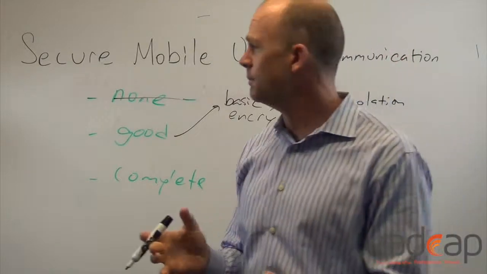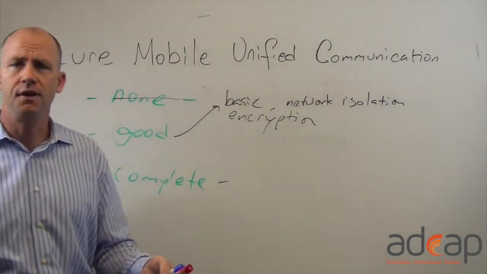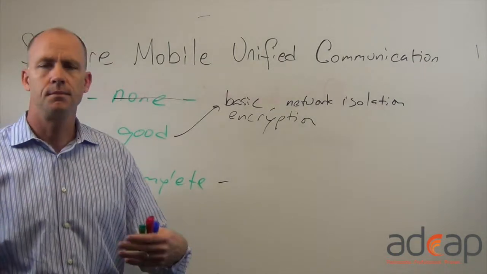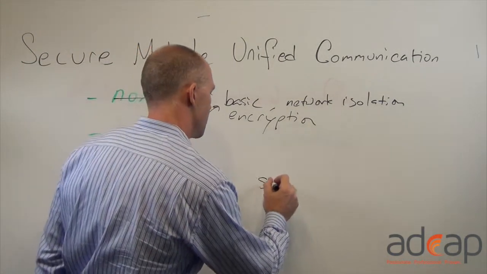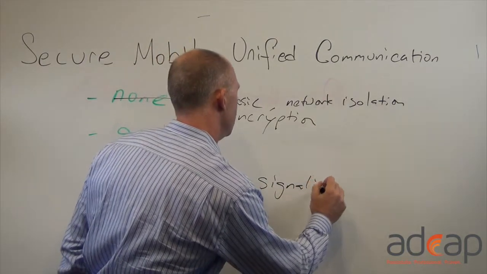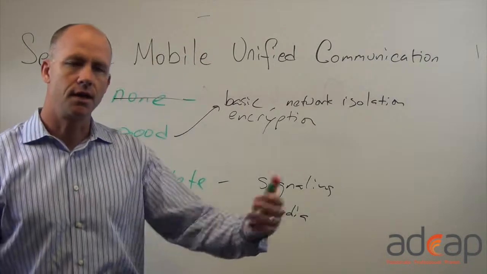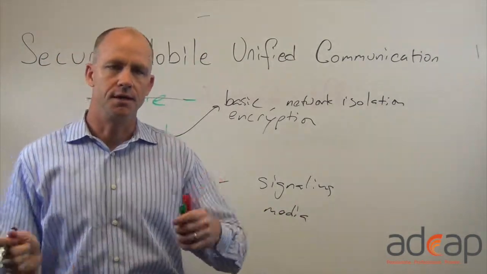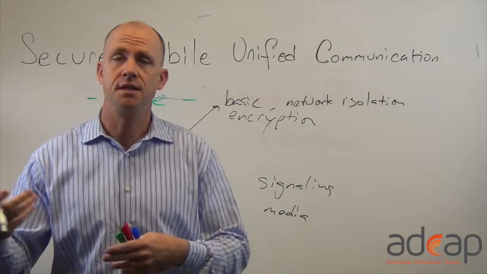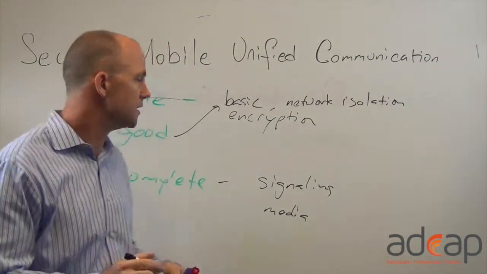We can take this completely all the way to everything being fully encrypted. When you talk about voice calls and video calls and things like that, there's two main things we're talking about: the signaling, and the media. Signaling is simple things like, hey, I'm going to call this guy, here's the number, and it sets up the call, and then media is the actual stuff that's transported, your voice, your video, that kind of stuff.